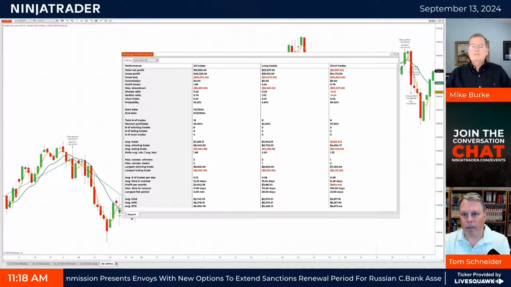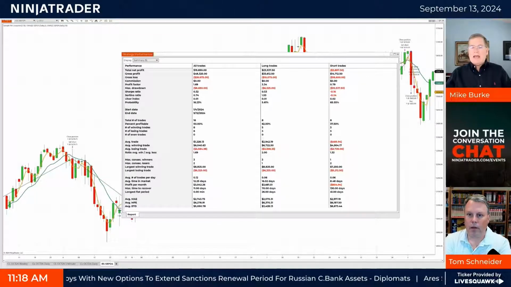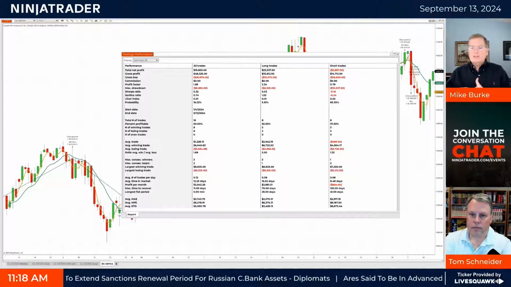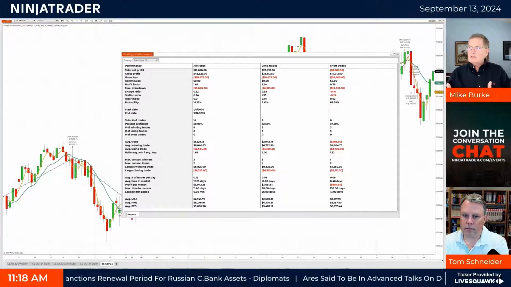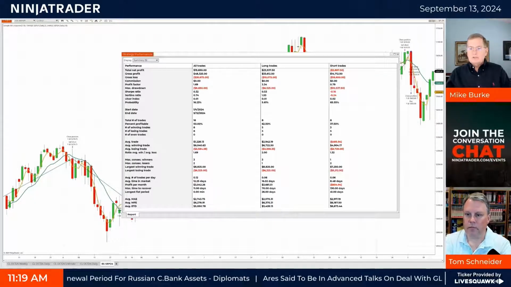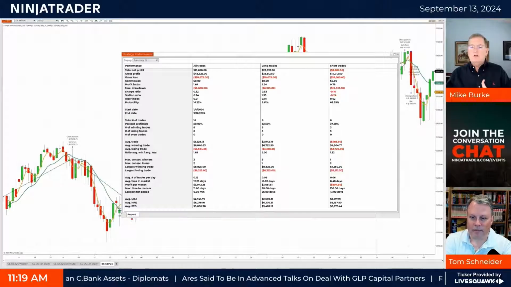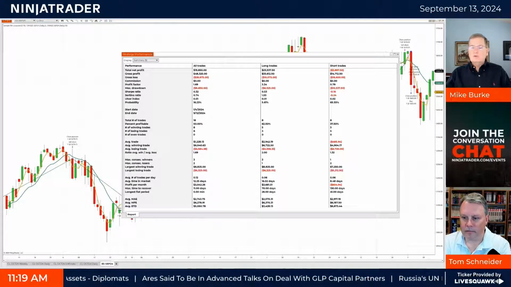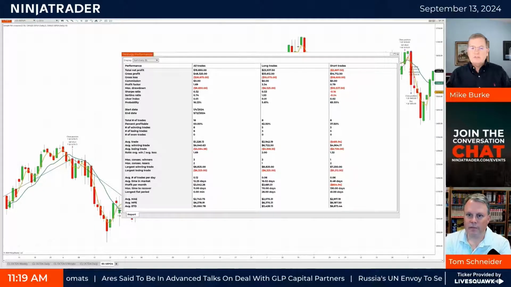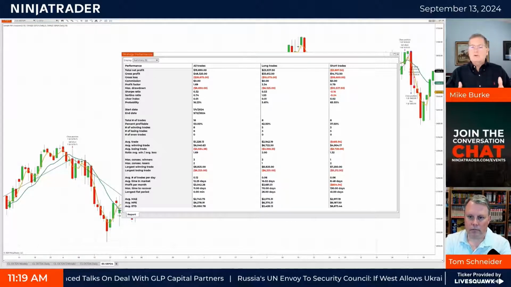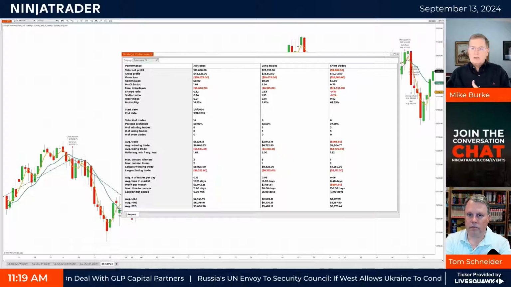Yeah, it's an interesting point because a lot of times when you're looking at the strategy, in this case, long trades and short trades, right? If you look at this strategy, the long trades have done well this year. Well, of course they have, right? Because we're in a long-term uptrend all year. You would expect the long trades to do well and the short trades not to do well. And this goes back to another philosophy that I have, that you don't have to trade long and short. You can just trade a strategy long or just trade a strategy short, depending on the market environment.